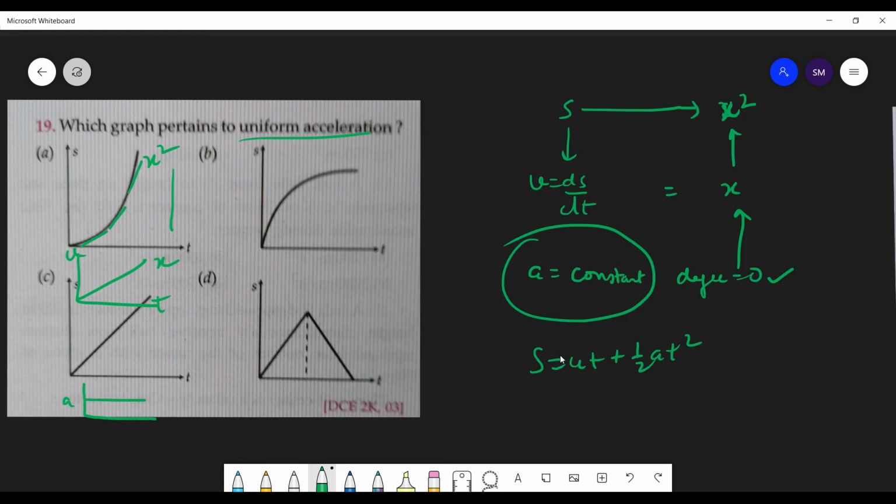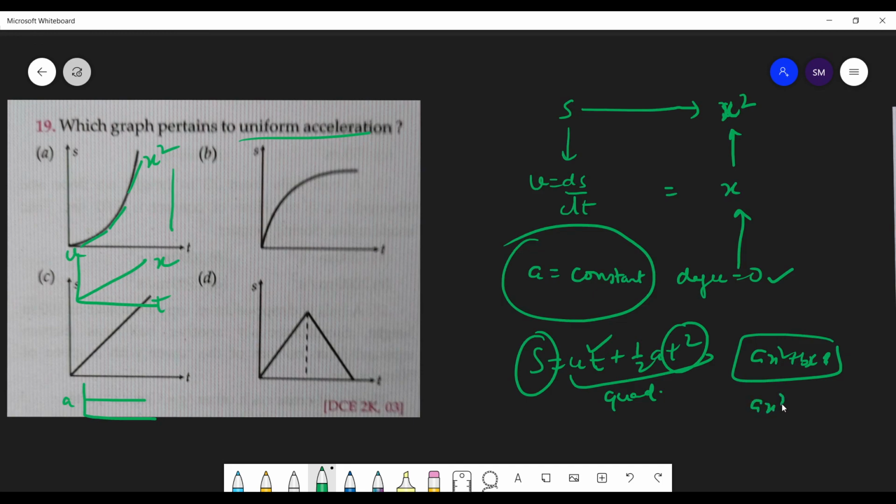So if acceleration is uniform, what is the relation between s and t? Even if you are taking this t also, this u is not 0, that is t is there. So you will get a quadratic equation, ax square plus bx. That's the form you are getting, ax square plus bx. So that's again a quadratic equation.